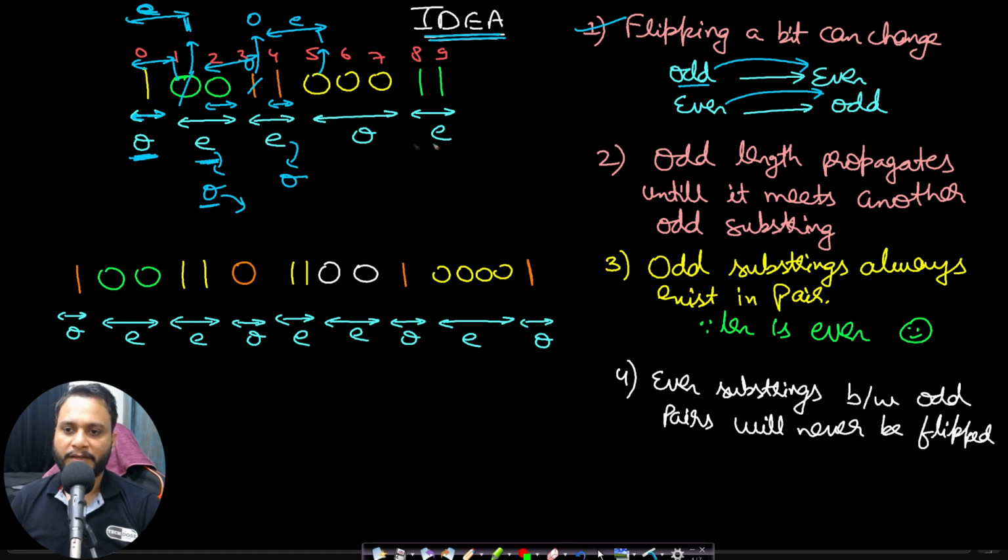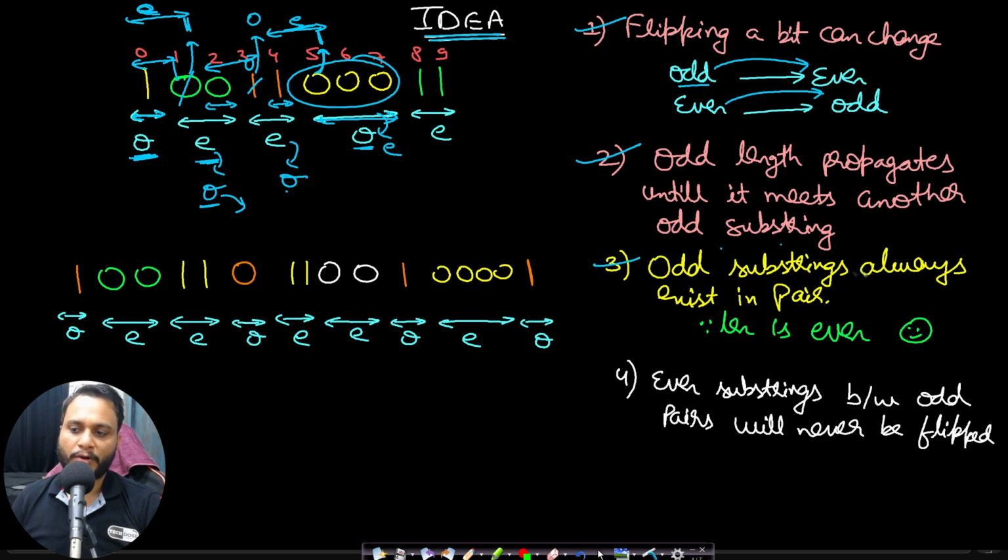So in this way, we can note that odd length propagates until it meets another odd length substring. You see, when we met this substring 000 here, and when one of the bits was converted to make the previous substring from odd to even, then this substring also became even length, right? From odd length it became even length. This is always true. I will show you more examples related to this.